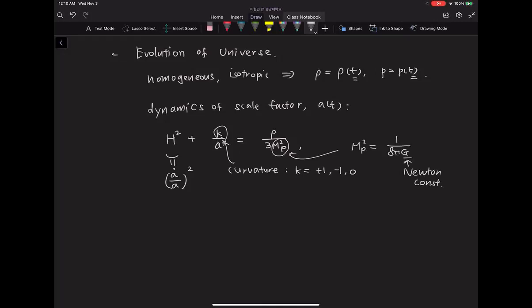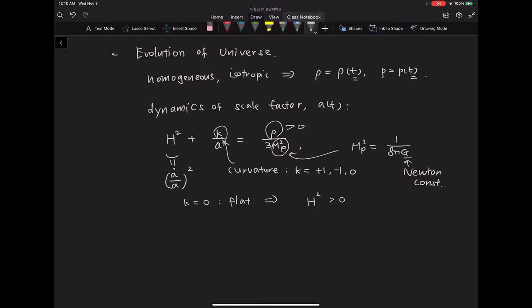So surely if the energy density is positive, which is the case, and the curvature is 0, the flat universe, then H squared is always greater than 0.